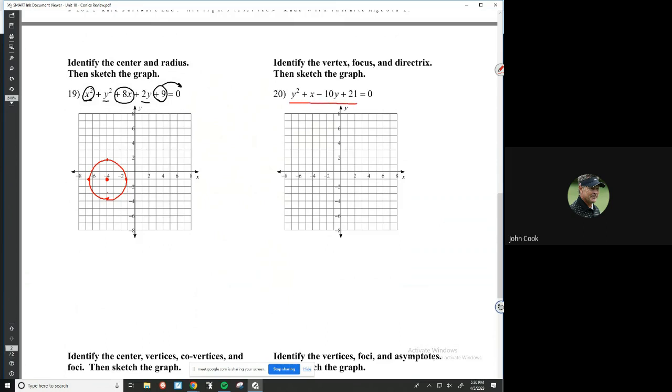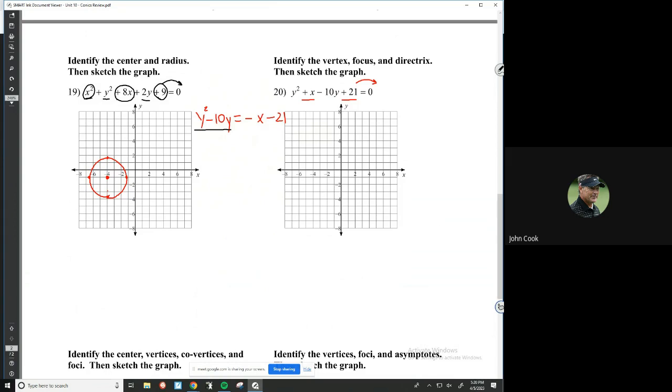So let's get this thing into standard form. To get it into standard form, we're again going to complete the square. We just need to group the y stuff together: y squared minus 10y. And then we're going to move all the other stuff to the other side, so we're going to have a negative x and a negative 21. All right, let's complete the square with the y stuff. I take the term that's on the y and divide it by 2.